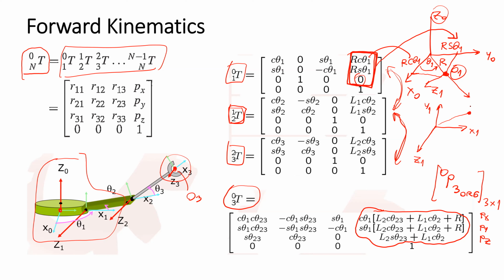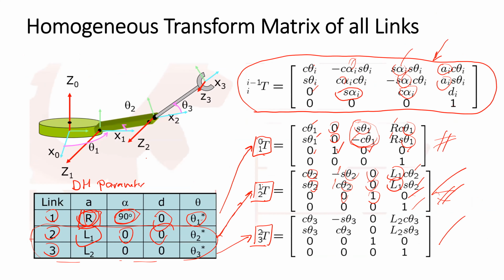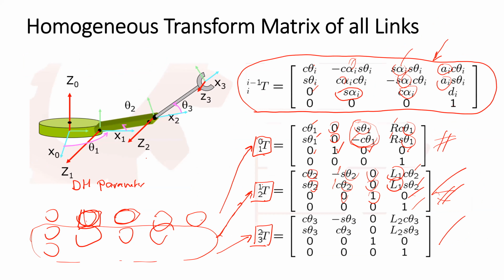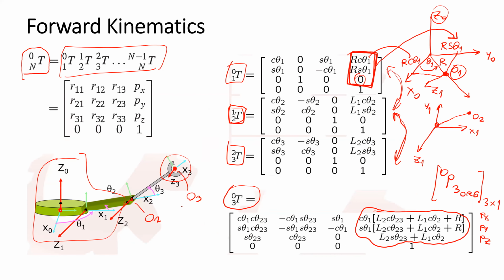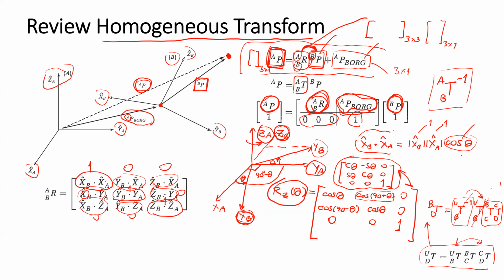The origin of frame 2 has a distance from frame 1 by the length, sorry, the length is L1.